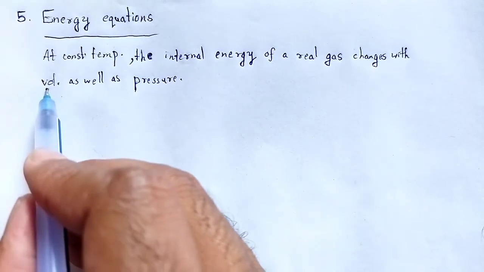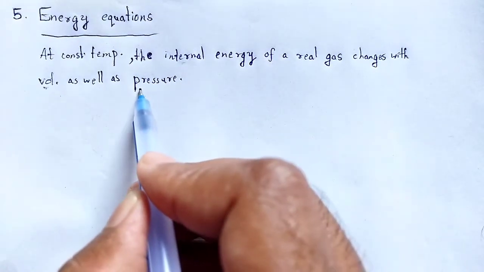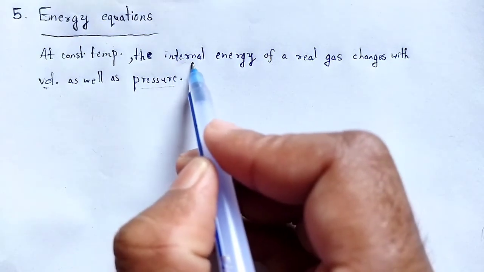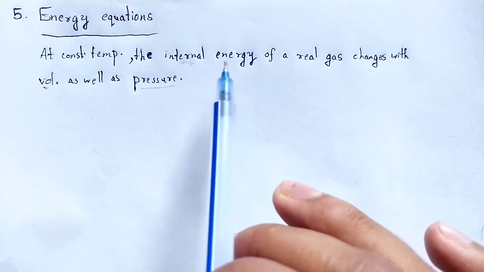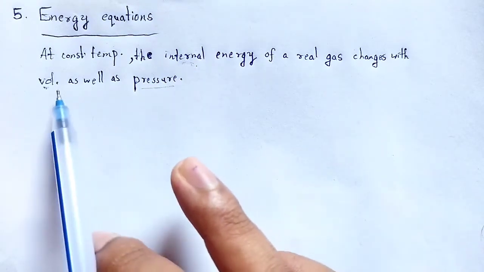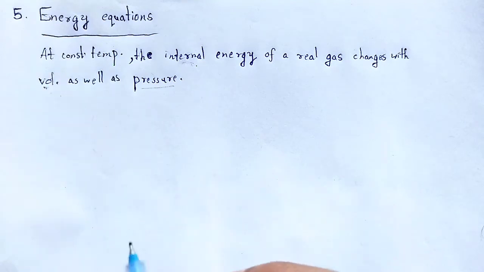As we change the volume, the internal energy changes. As we change the pressure, ultimately the internal energy also changes for a real gas. This means internal energy depends upon volume and pressure at constant temperature.